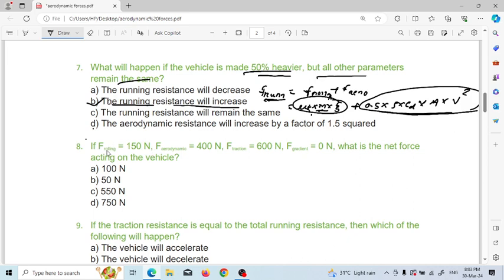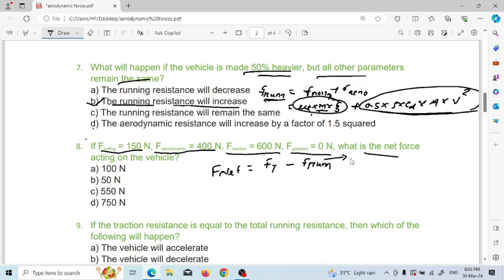Next, question number 8. If rolling resistance is 150 and aerodynamics resistance is 400 and traction force is 600 Newton and gradient 0, then what is the net force? We know F net is equal to F traction minus F running.